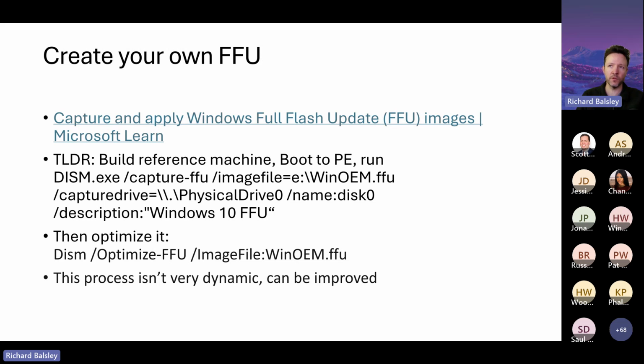So the optimize FFU switch says, hey, FFU, we don't care about the disk size here. If we deploy this to a 256 gig disk, you'll end up with about 250 gigs of space showing up in File Explorer. So optimizing the FFU is very important.